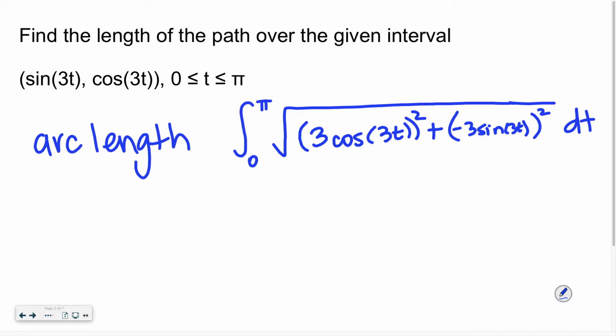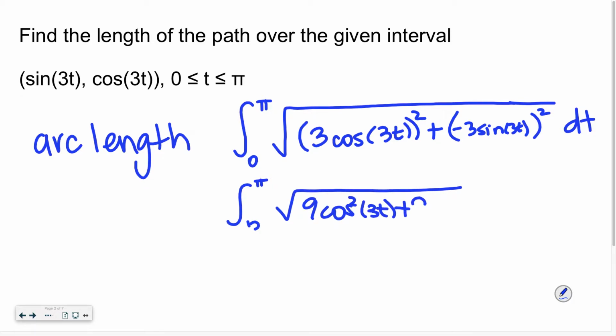Okay, so I have the integral from 0 to pi of the square root of 9 cosine squared 3t plus 9 sine squared of 3t. That seems like that should be special. What's sine squared plus cosine squared? 1.